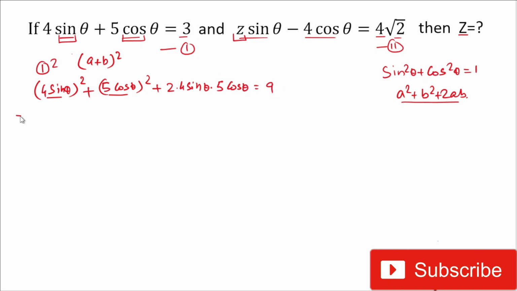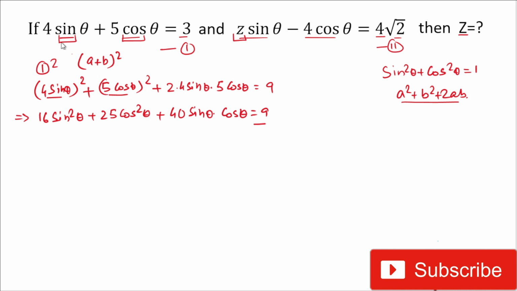Simplifying, it is 16 sine square theta plus 25 cos square theta plus 40 sine theta cos theta, equal to 9.